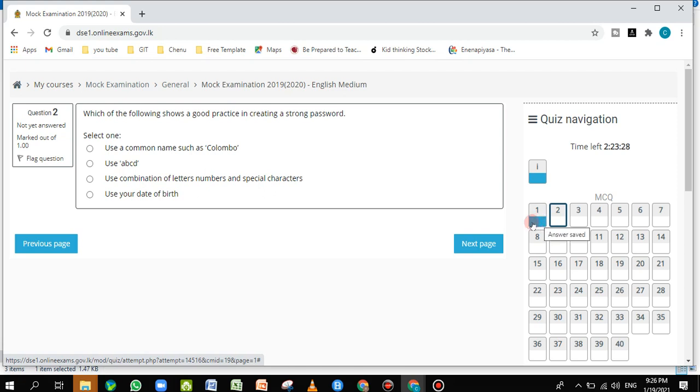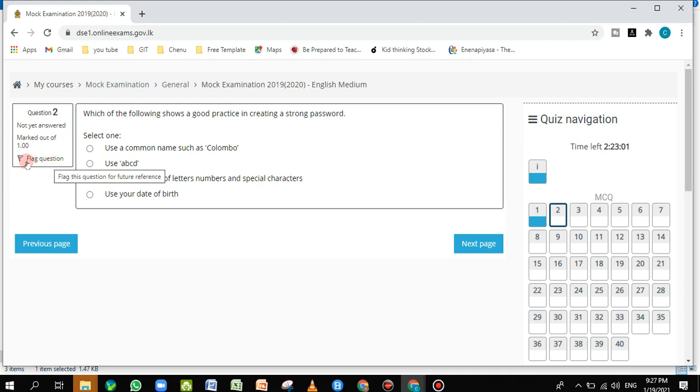Another thing I want to show you: at the left corner, under the question number, there is something called flag question. Can you remember when we answer on question papers, we put a tag like a pencil mark, a small dot or a cross, meaning I have to come back to this question because I'm not sure about it?